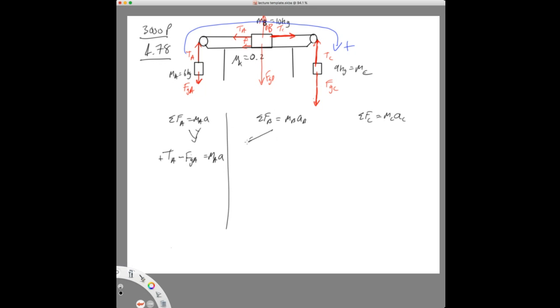So for mass B, ideally, we're going to need the x and y direction. So in the x direction, we have TA and friction and TC.